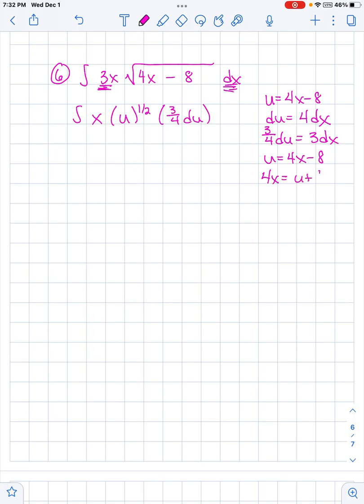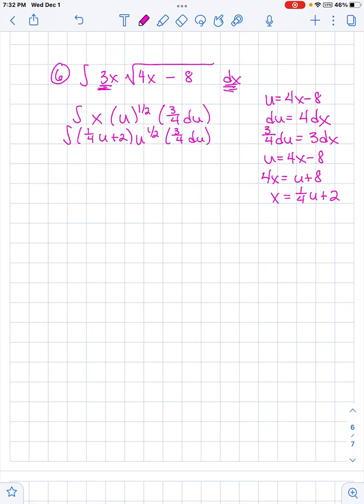So I've got 4x equals u plus 8, divide by 4, x equals 1/4 u plus 2. All right, I'll make my substitution. This is 1/4 u plus 2 times u to the 1/2 times 3/4 du.